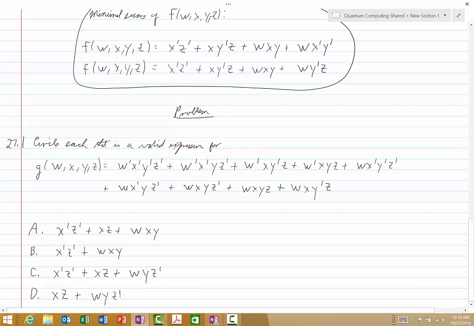And the choices are A, x prime z prime, or x z, or w x y; B, x prime z prime, or w x y; C, x prime z prime, or x z, or w y z prime; and D, x z, or w y z prime.